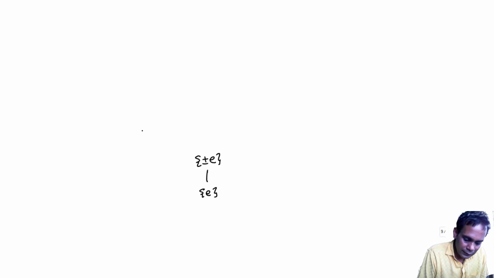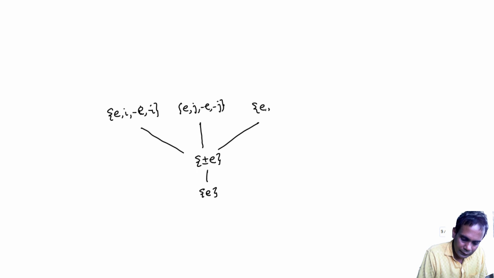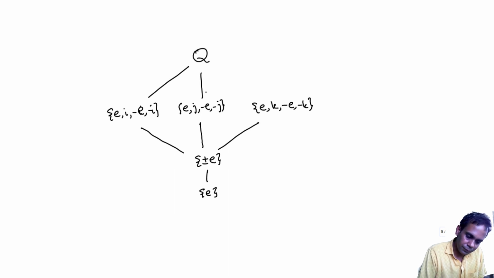I like to show this in a somewhat visual form. So we have the smallest subgroup, which we'll write at the bottom here, E, and then above that the subgroup plus or minus E of order 2, and then above that we have three subgroups, E, I, minus E, minus I; E, J, minus E, minus J; and E, K, minus E, minus K. And then we have the largest subgroup of Q, which is all of Q itself.